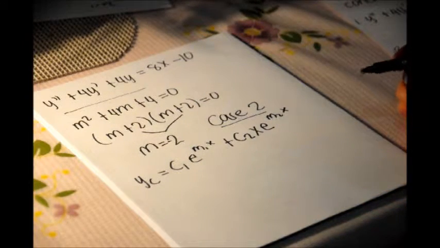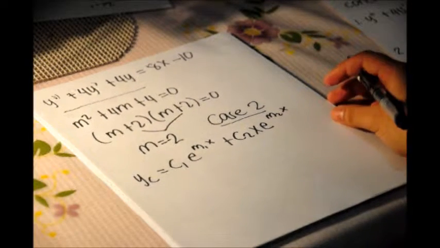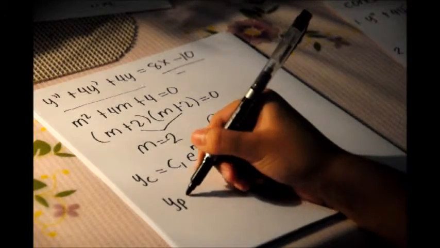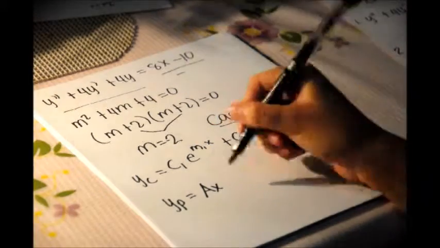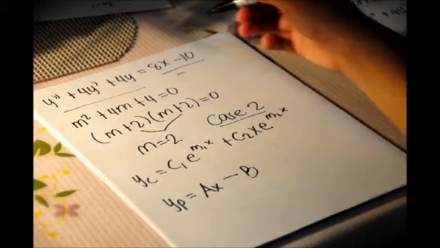So we have now this form of YC. So now let's solve for YT. So this is the format of our YT. So YT is equal to AX minus B, this stands for 10.